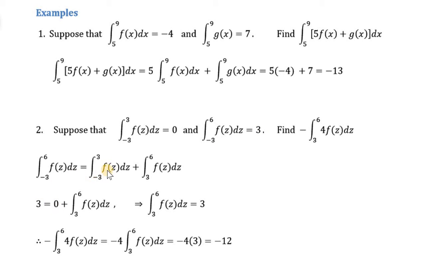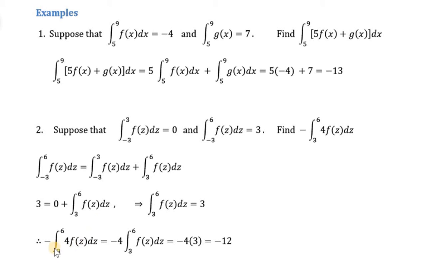And the integral of f from negative 3 to 3 is given, which is 0. And hence we are supposed to find the integral from 3 to 6. So we can rearrange, we get this.